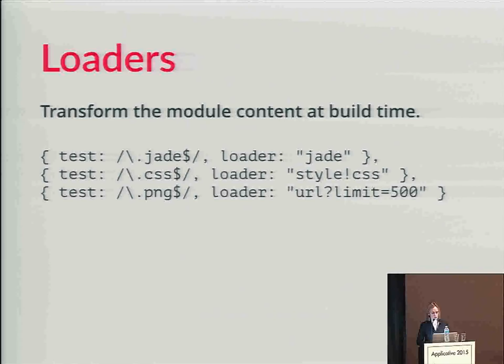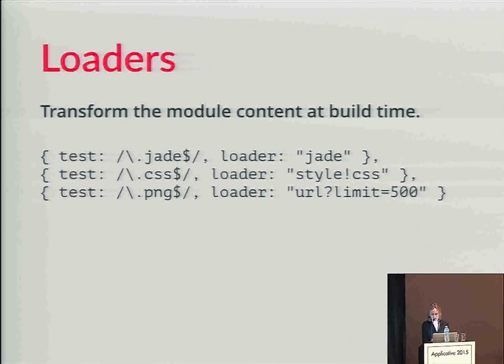And the third one, about the PNG files. This one is really powerful. So basically it says every PNG file that you find, you're going to output a new file for it, except if it's smaller than 500, probably bytes.